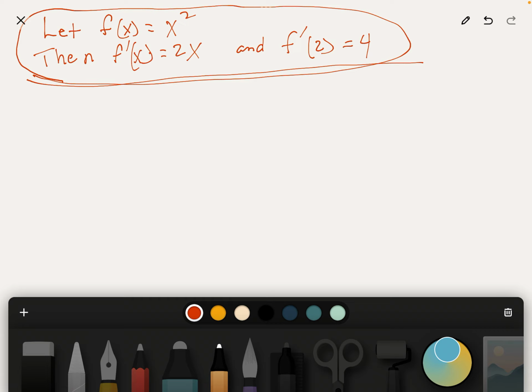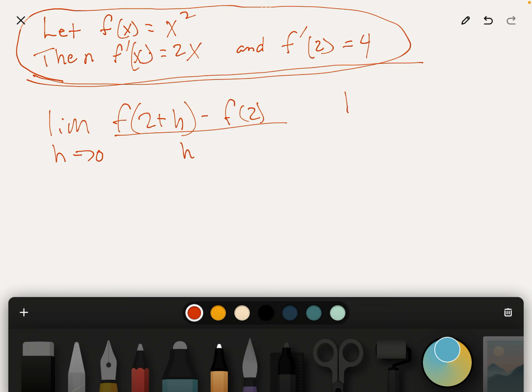But in problem C, they are expressing different ways. There's different expressions for f prime of 2. So we have, on the one hand, the limit as h approaches 0 of f of 2 plus h minus f of 2 all over h.